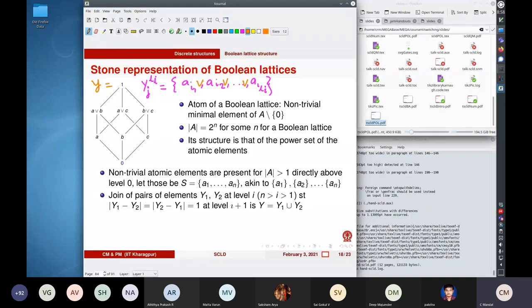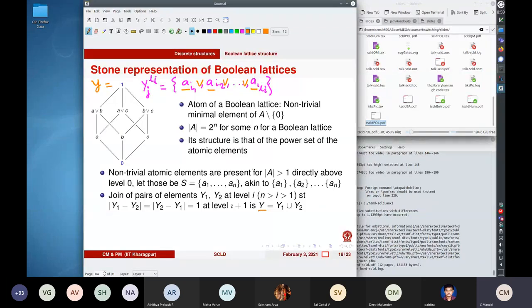So this subset represents a particular element as the join of these. These are the atoms of the Boolean lattice. So when you say that y is the union, we just take the union of all this set of atoms, and this is the new element which is formed at the next level.